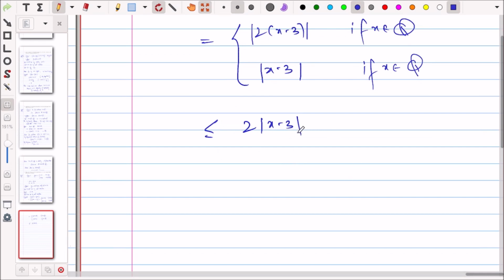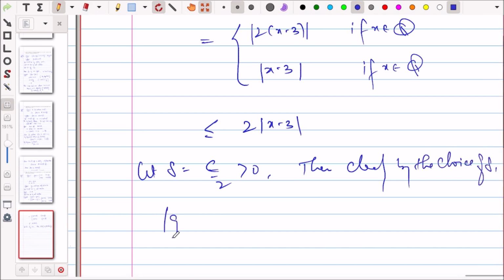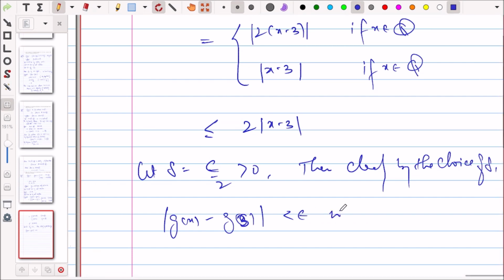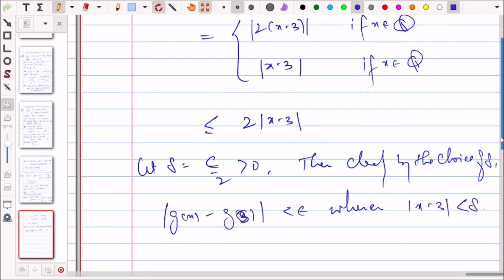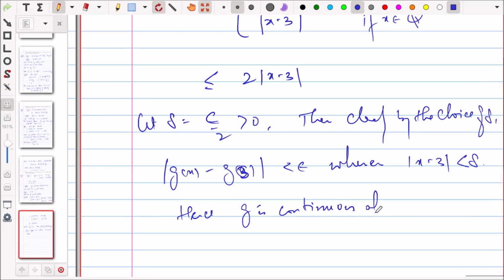So this is smaller than this, and so what delta should we choose? Let delta equal to epsilon by 2 greater than 0. Then clearly by the choice of delta, |g(x) minus g(c)| is less than epsilon, that is |g(x) minus g(3)| is less than epsilon, whenever |x minus 3| is less than delta. Hence g is continuous at x equal to 3.